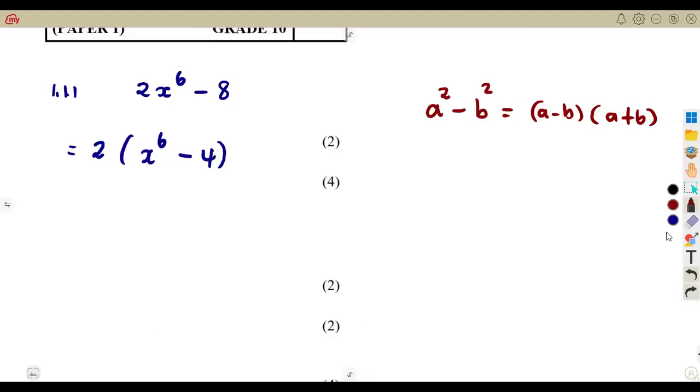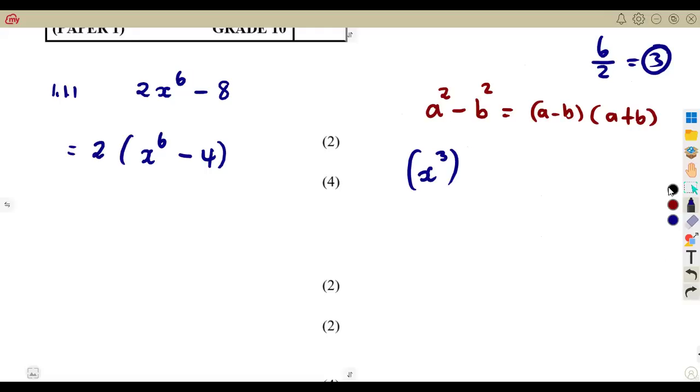Why? If we take a closer look, this x to the exponent of 6 can be written as x raised to the exponent of 3, all raised to the exponent of 2. Remember, this is 6. We need 2. So if we divide 6 by 2, it's what? That's a 3. So it is the same as x raised to the exponent of 3 and raised to the exponent of 2.